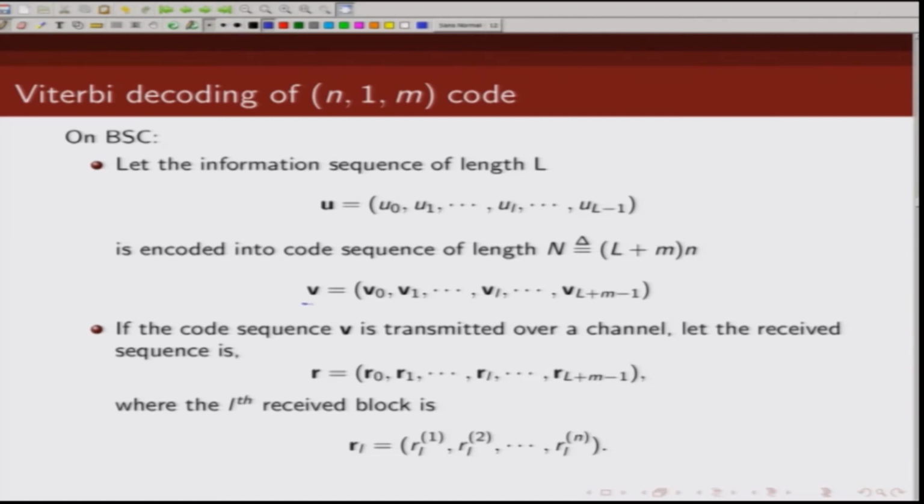So if you transmit this code sequence over this binary symmetric channel, what we receive is denoted by R. So we receive R0, R1, R2, up to R L plus m minus 1, where each of these Ri's consists of n bits. Okay. So each of these Ri's is basically this n bit vector. This R is the received code sequence corresponding to the code word or the code sequence that we have transmitted.